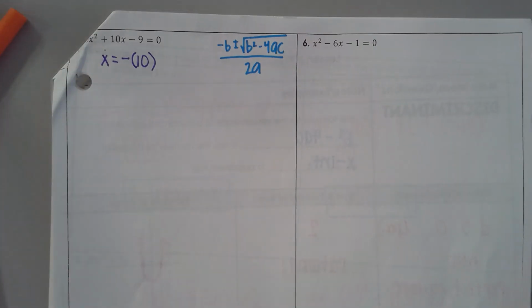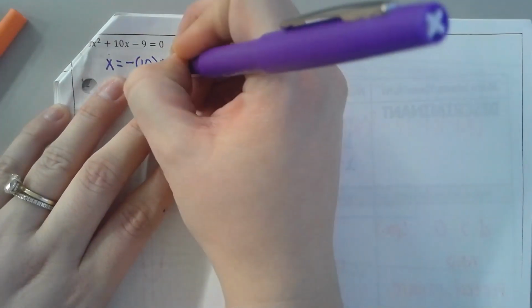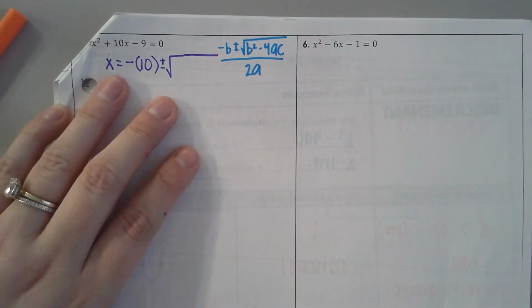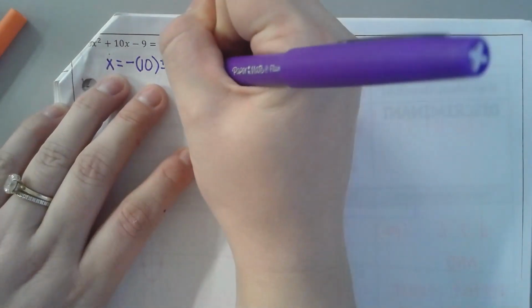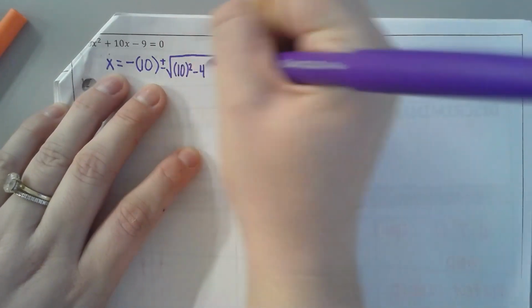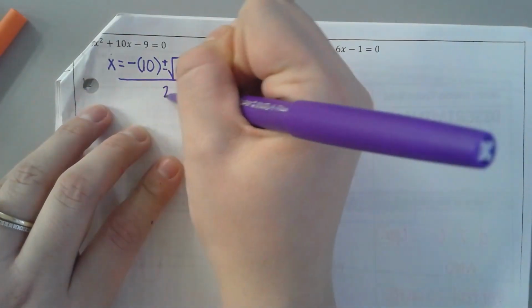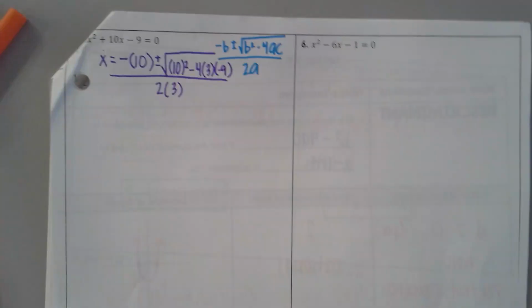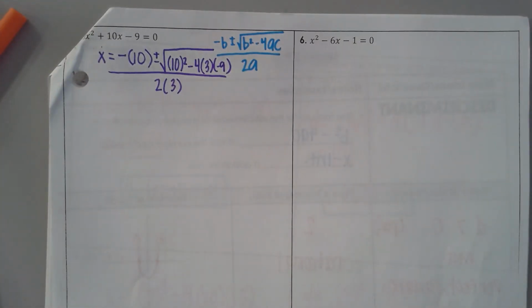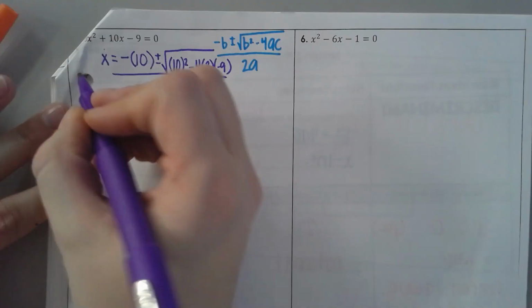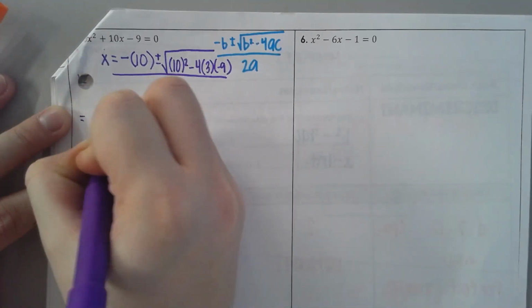So it's negative B plus or minus the square root of B squared minus 4AC, all over 2A. Any questions with getting things plugged in? So we have negative 10.